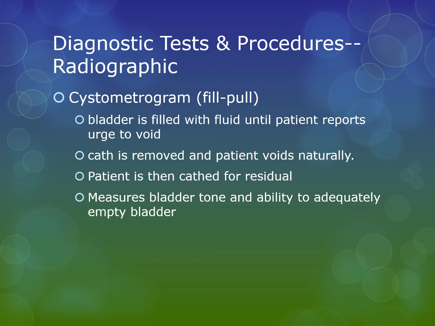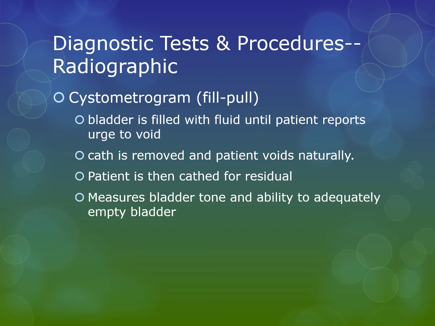We usually do this with a catheter, so then we remove the catheter, and we allow the patient to void naturally. They void out as much as they can, and then we recatheterize the patient for residual. We want to see how well their bladder actually emptied when it was filled to capacity, and what it left behind.